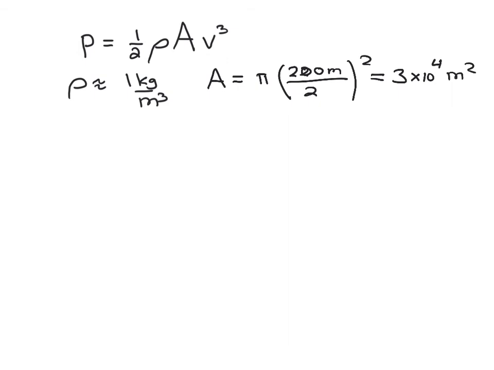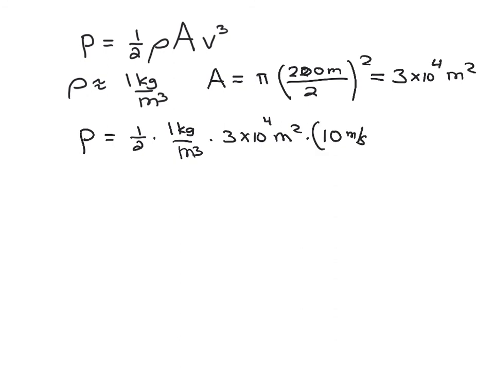So the electrical power, the upper limit on it anyway, is going to be 1/2 times 1 kilogram per meter cubed times 3 times 10 to the 4th meters squared times 10 meters per second cubed.